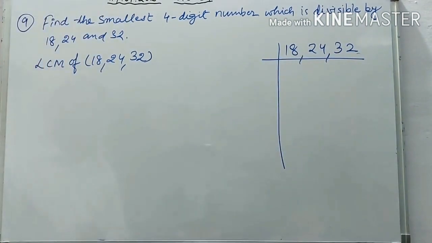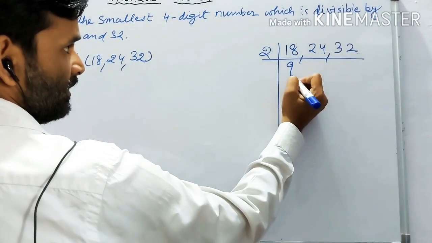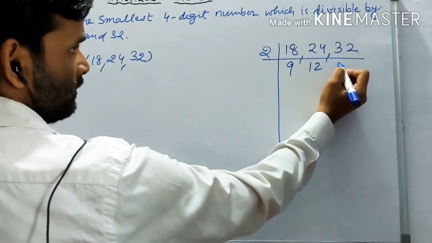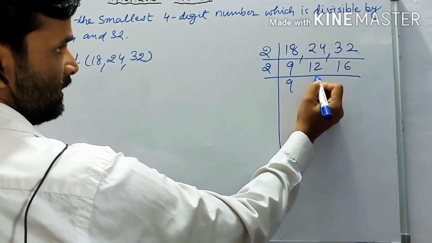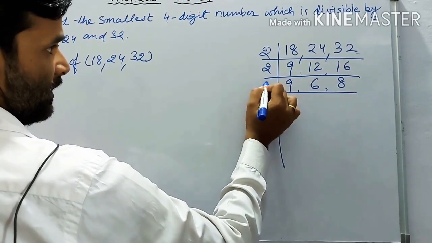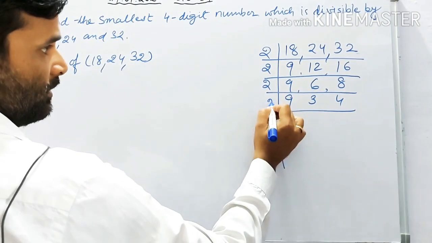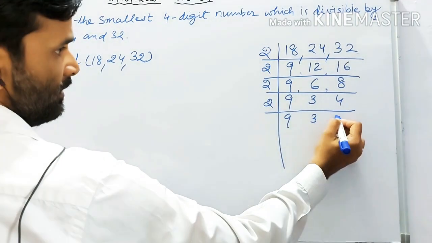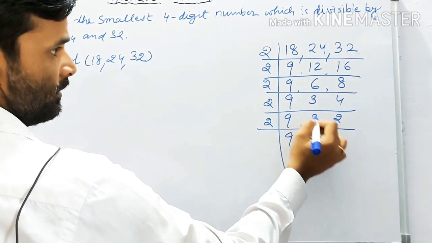Okay, to find the LCM, first divide by 2: 2 nines are 18, 2 twelves are 24 and 16. Again 2: 9, 6, 12, 8. Again 2: 9, 3, 4. Again 2: 9, 3, 2. Again 2: 9, 3, 1.